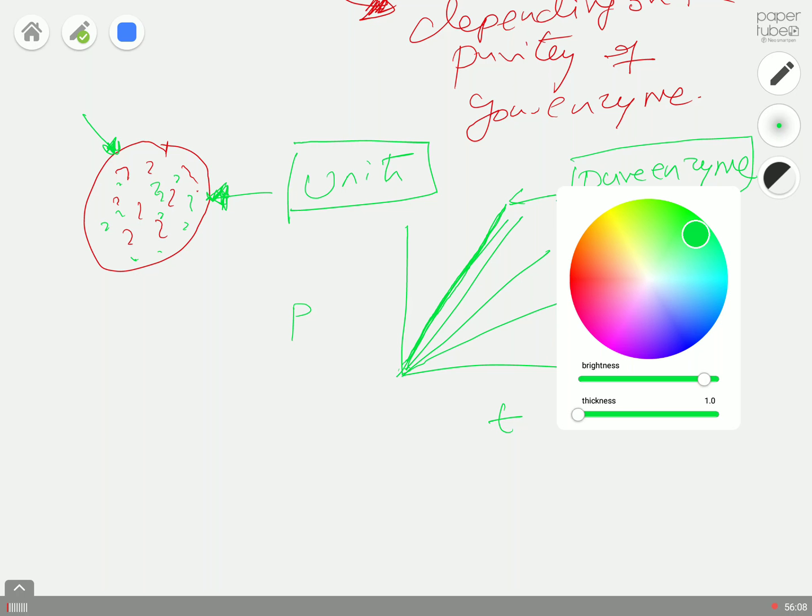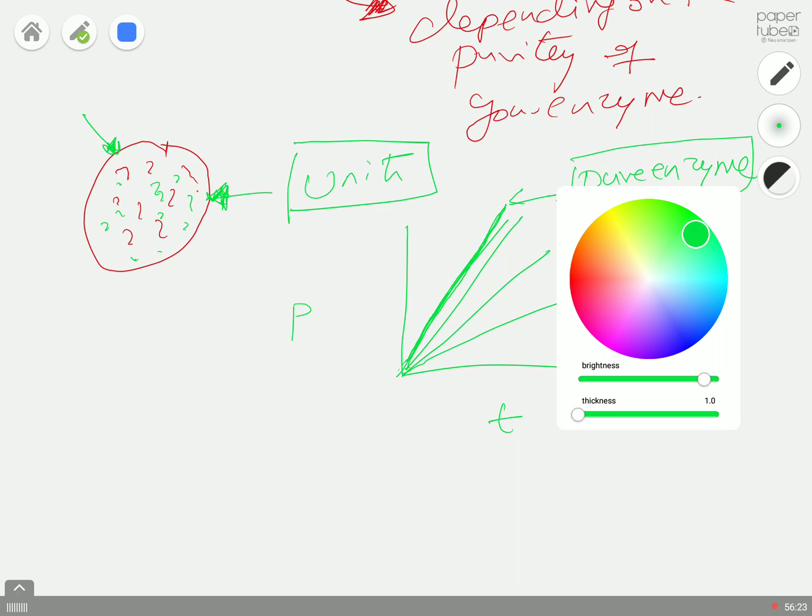This is very tricky. It is such a simple definition, but it looks tricky because it is connected with enzyme purity, and enzyme purity is a very tricky parameter to obtain from experiments.